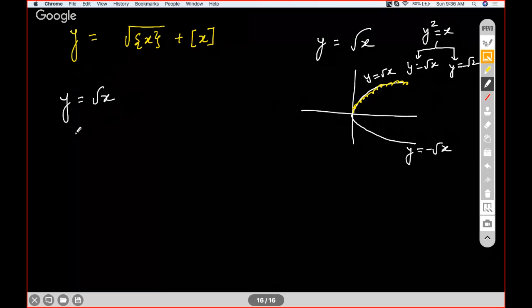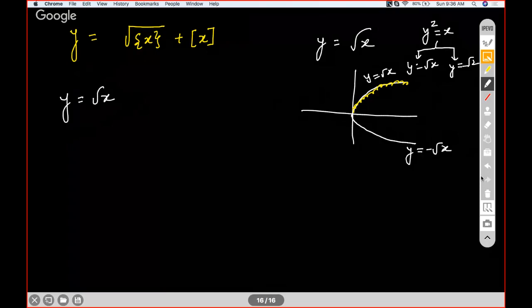Then what? After you do y equals root x, then do you have to find out its... wait. Root x, then what? That's going to be y equals x to the power half.